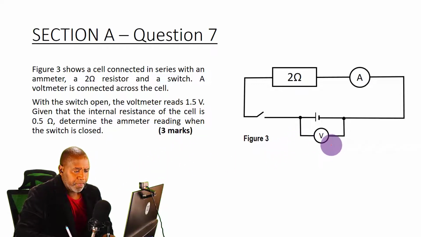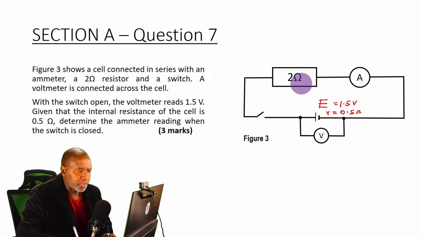So the EMF of the cell, this E, is 1.5 volts. The internal resistance, we can just write it here, is 0.5 ohms. This is the external resistor, uppercase R, lowercase r.